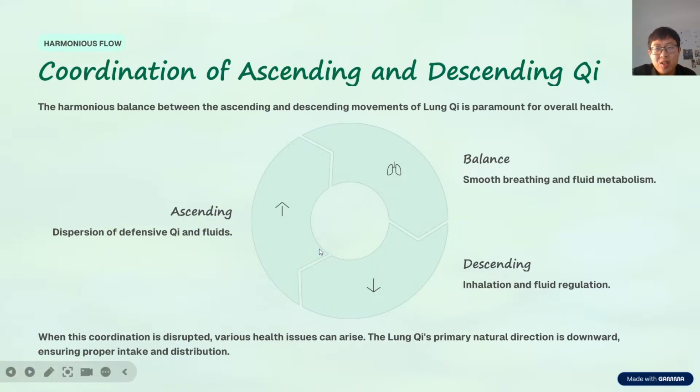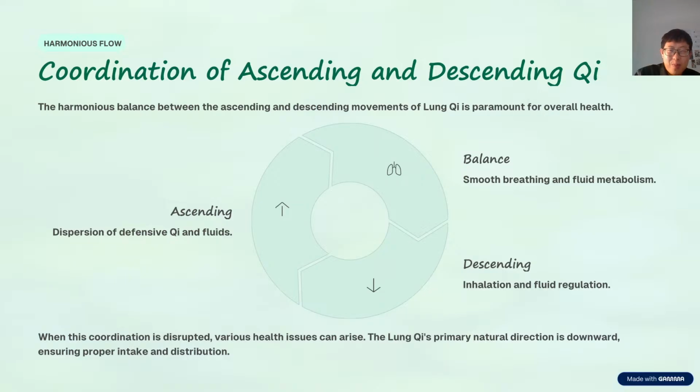The coordination of ascending and descending energy is very important. Ascending and descending oppose each other but also support each other. When they are balanced, breathing is smooth and fluids are properly distributed.